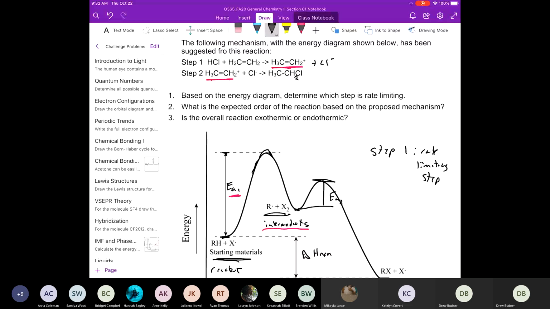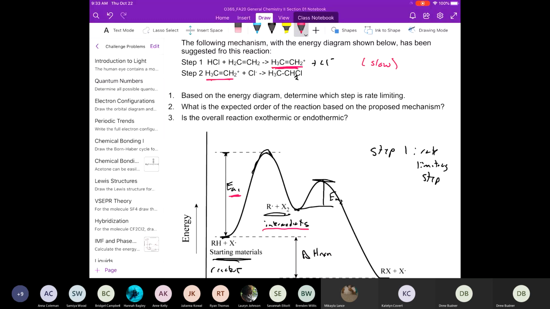So we would distinguish that in here as this would be the slow step, right? So our reaction is going to be dependent on that. As soon as this product is formed, it's going to be almost instantaneously reacted in the second step and go towards product. Okay.